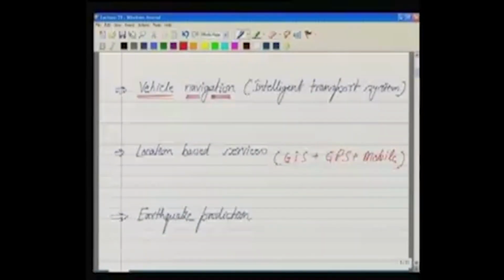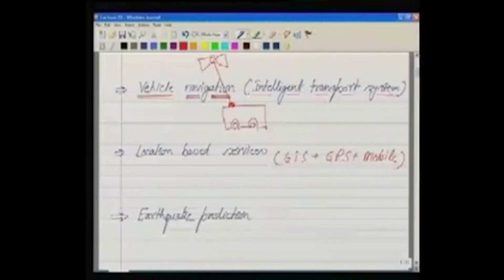Then one second application which is very interesting is the vehicle navigation or intelligent transport system. Now what is there in an intelligent transport system? Basically on a vehicle the GPS is fitted somewhere. Now this GPS is communicating with the satellites.